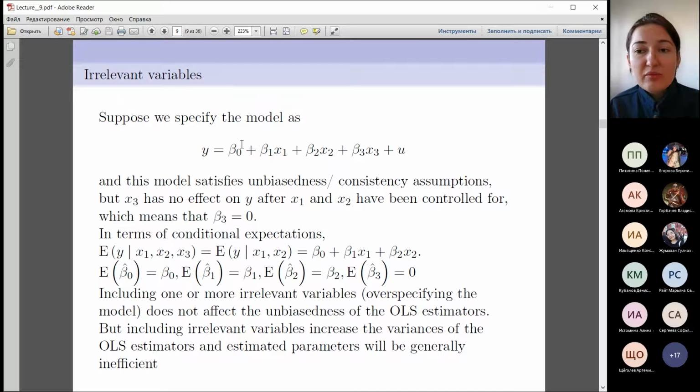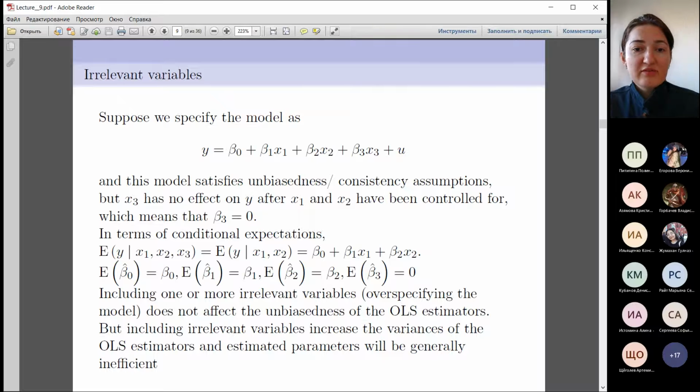And the second point is irrelevant variables. When you include irrelevant variables in your model, could you assume that even in this case you will face some problems, or that the results from your model will not be reliable?